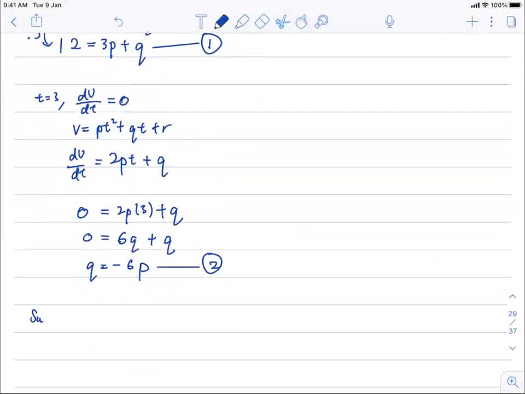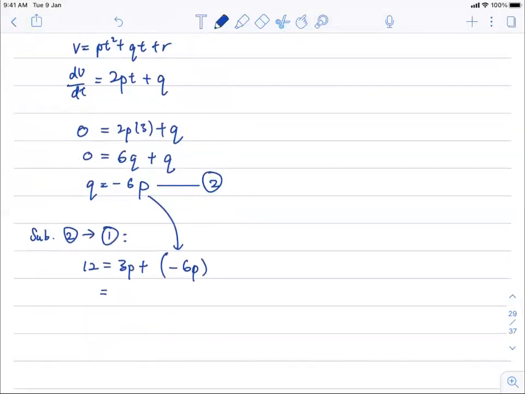So substitute equation 2 into equation 1. We get 12 equal to 3p plus, the q is negative 6p from here. 3p minus 6p, negative 3p, equals 12. p is equal to negative 4.